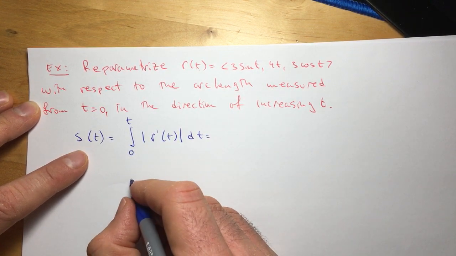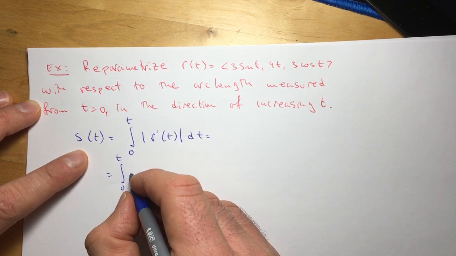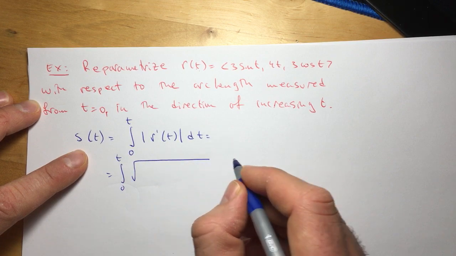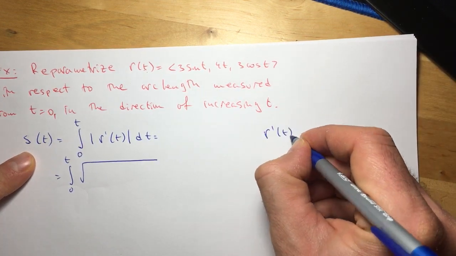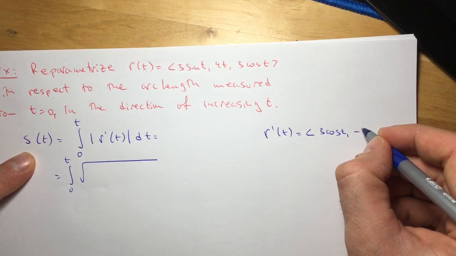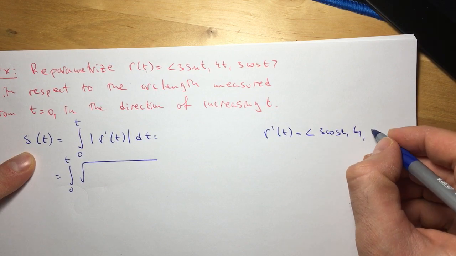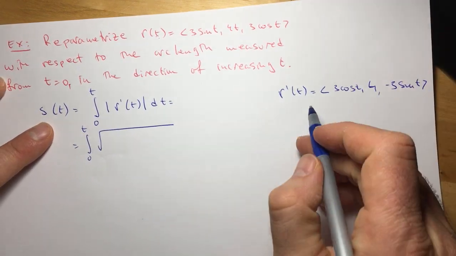So let's see how much is that. This is the definite integral from 0 to t of the square root of, well, here on the side, the derivative is 3 cosine of t, 4, and negative 3 sine of t. So that's the derivative.